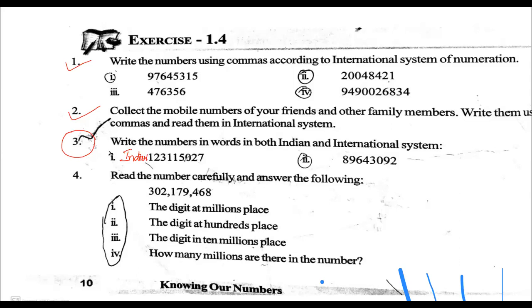Okay, first comma is after 3 digits and every comma after every 2 digits once, right? First one's ones period, second one is thousands period, third one is lakhs, and fourth one is crore. Yeah, this is the number. It is very easy. Once if you know how to divide the number into the periods, it is very simple to write or read and everything.